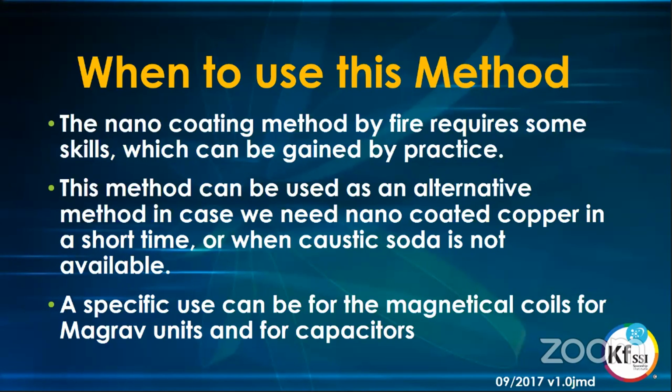You just take it out, use the flame again, refresh the coating, wait until it cools off, put it back into your Gans kit, and it works again. And you don't expect to get a perfect nano-coating by fire at the first operation. It's better to repeat the nano-coating by flame 5 to 8 times.